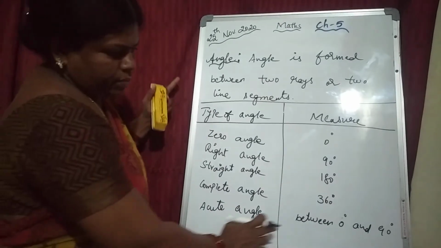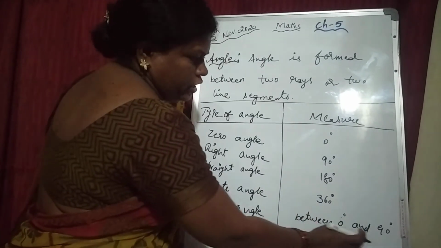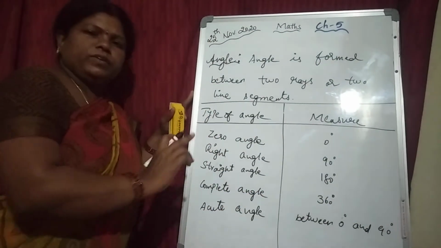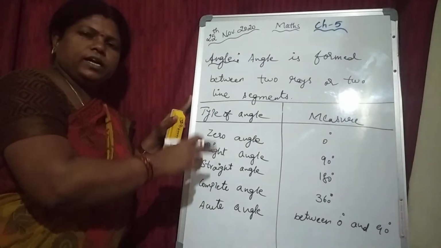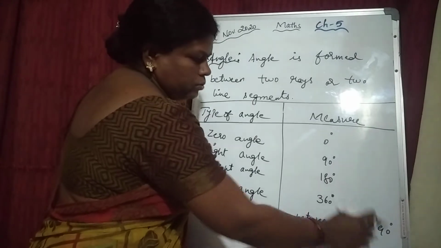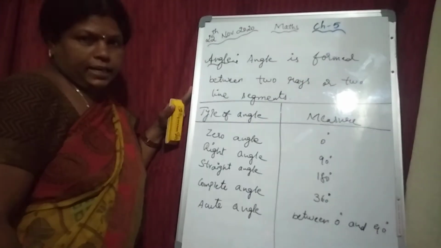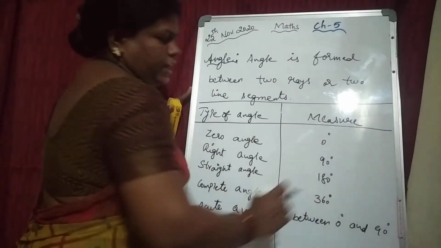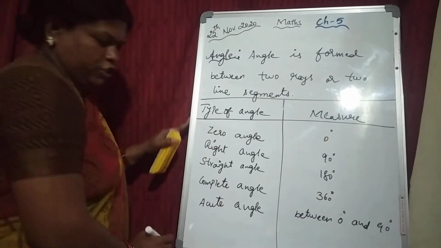Now acute angle means between 0 and 90 degrees, which means 0 and 90 are not included. We start from 1 to 89. 1 degree to 89 degrees we call an acute angle.